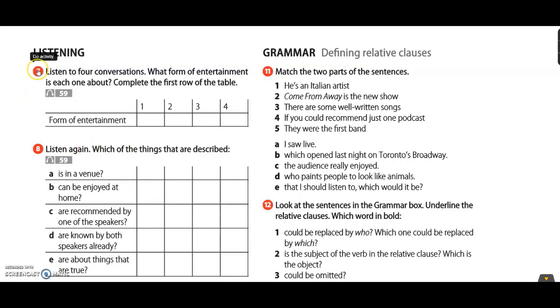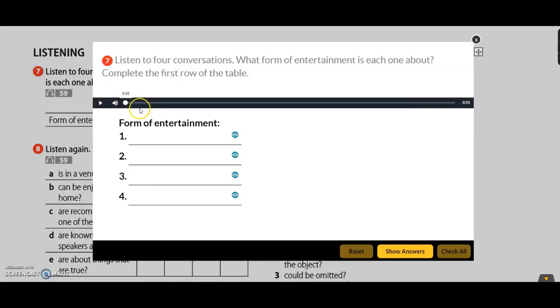We're going to listen to the audio, and then try to guess what form of entertainment it is. Guys, you have to pay a lot of attention here. You have to be very careful because these words are mentioned 1 or 2 times. So it is a bit complicated, but you have to listen, and we'll see which form of entertainment it is. So let's listen to the audio.